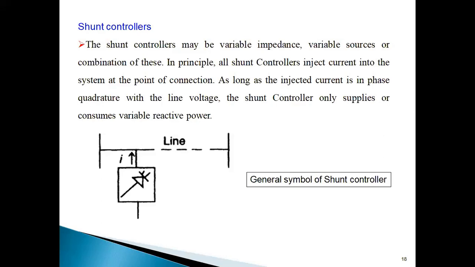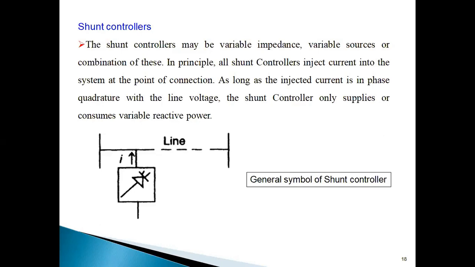When I say optimal location, we need to identify the best location where the FACTS controller can be connected so that I can enhance the stability. When I say optimal allocation, it means the optimal sizing: for which rating will I be able to get my objective fulfilled. So these are other research issues. First I was telling about coordination of FACTS controllers, now optimal location, then optimal sizing, and in STATCOM there is a lot of potential scope available that we'll discuss later.